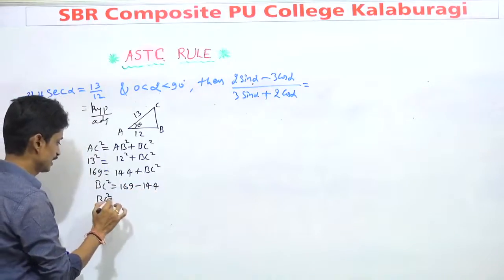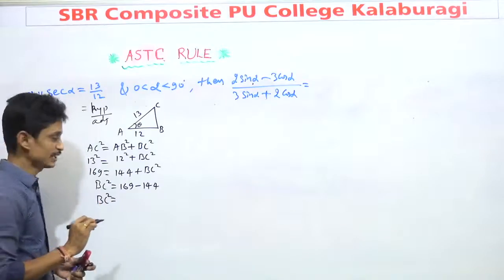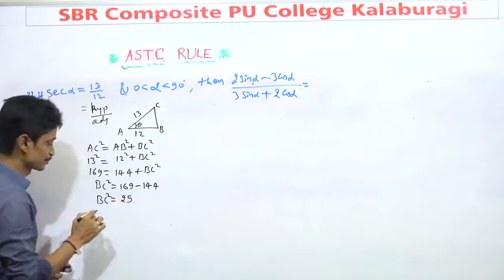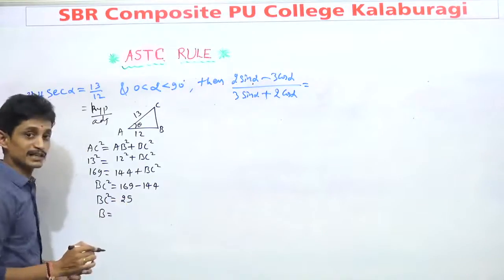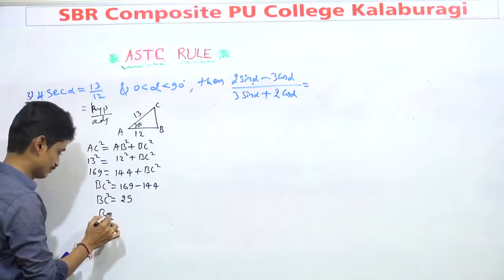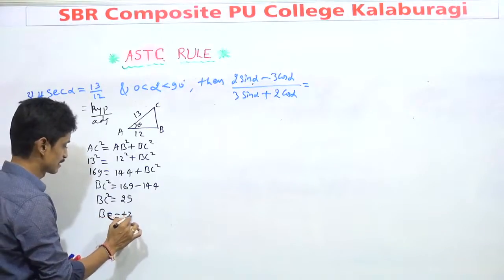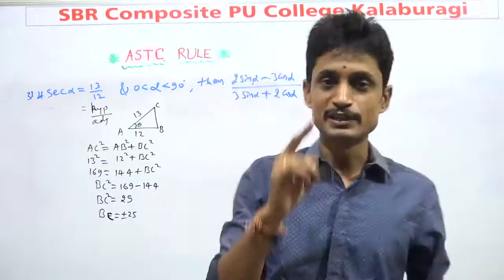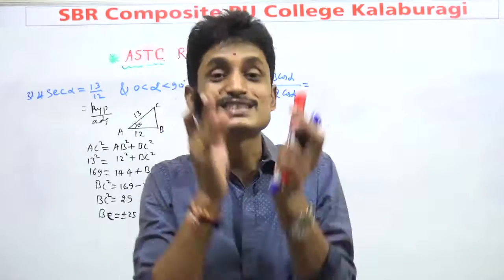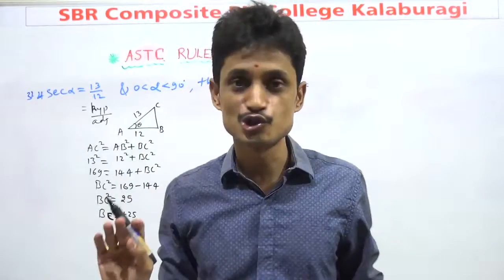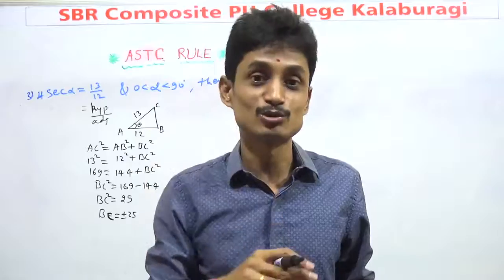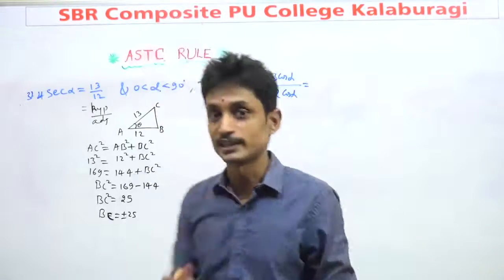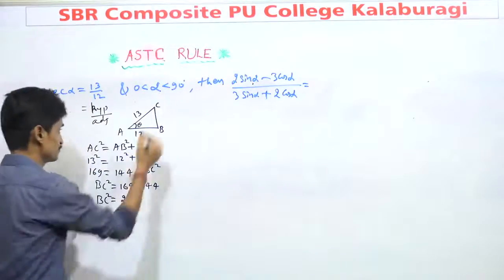So BC square is equal to 169 minus 144, which is simply 25. So BC equals plus or minus square root of 25. Students, don't get confused regarding plus or minus. When you consider a magnitude or a side length, it should be a positive quantity. I am thinking according to the direction, that's why I write positive or negative. Don't get any confusion regarding that notation.